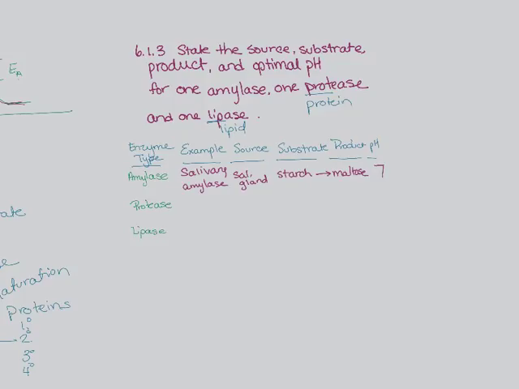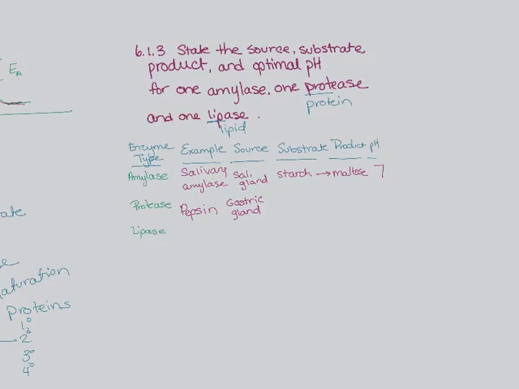Remember, another amylase would be pancreatic amylase, which comes from the pancreas, but your optimal pH does change a little bit. Okay, moving on to protease. We can look at pepsin. And remember that the source of pepsin is your gastric gland. Another name for gastric gland is your stomach gland, so the gland of your stomach.